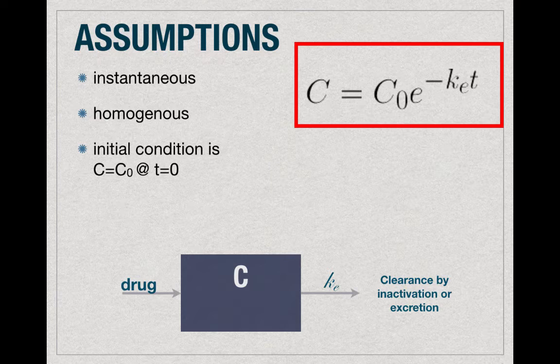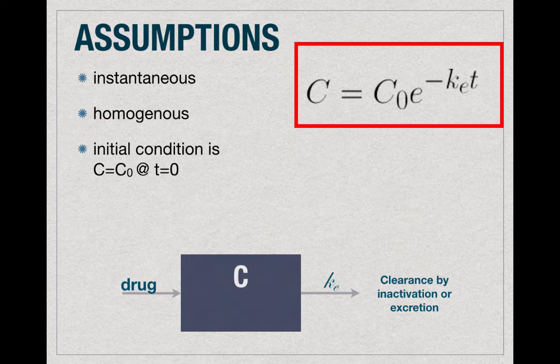So for the purpose of this, because it's intravenous administration and all of the drug is going to go into this compartment, that's why we can use this very simplified set of assumptions. However, when we talk about the other routes of administration, we will have to introduce volume factors to correct for the differences in the size, or the volume, of the skin versus the bloodstream, or the gut versus the bloodstream.